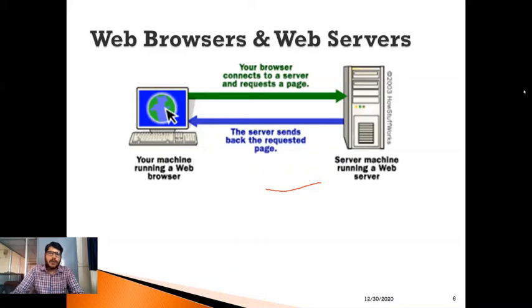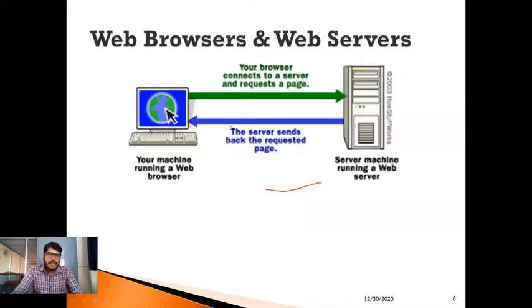Then, what happens on the server machine? It accepts the request coming from the client, or from the browser, and it has to process it and execute it. And after executing, it has to send the response.